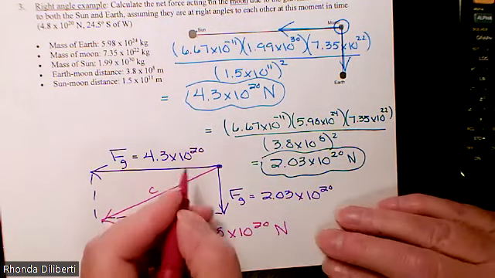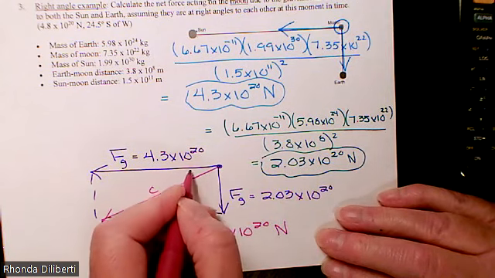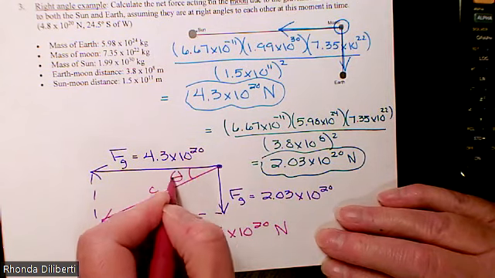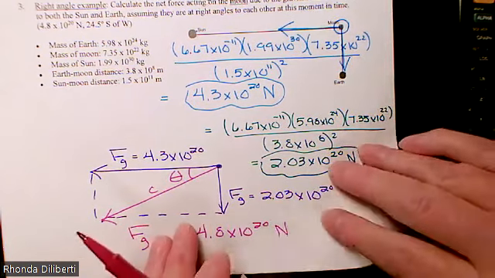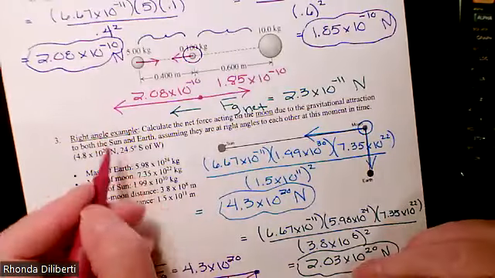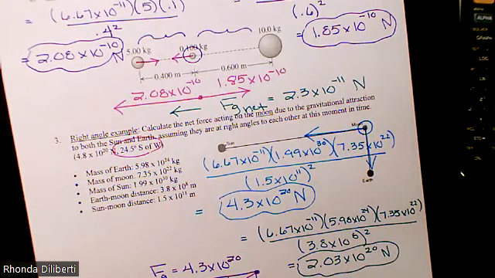And we will see that the moon is going to be going off at this angle, which we'll call theta, so many degrees south of west. And we can just use sine, cosine, or tangent in order to find that value. I'll save that step here. I think you know how to do that. And we get 24.5 degrees south of west.